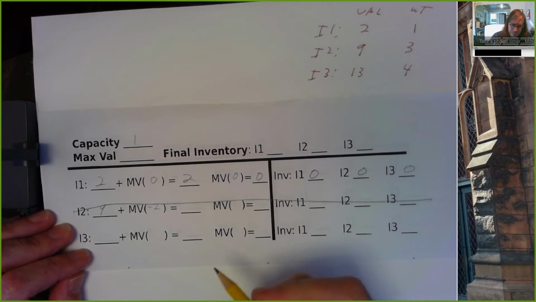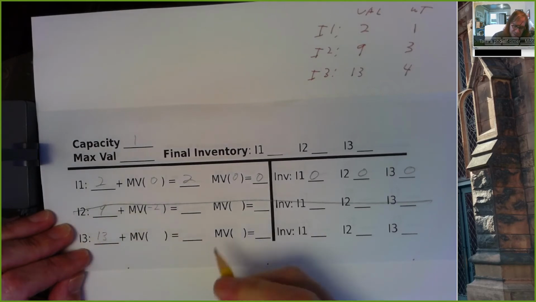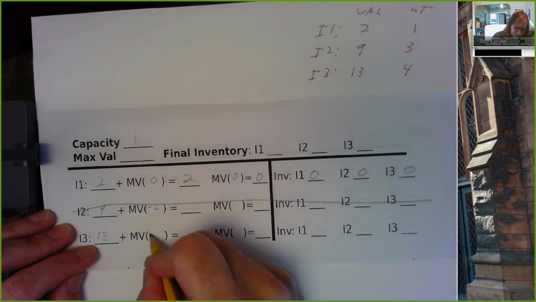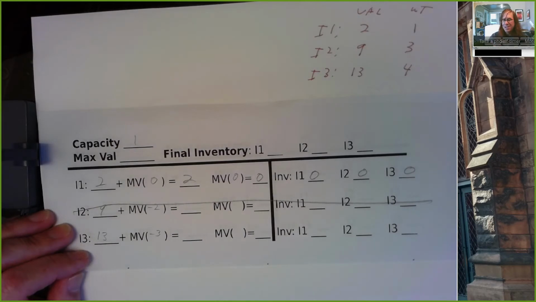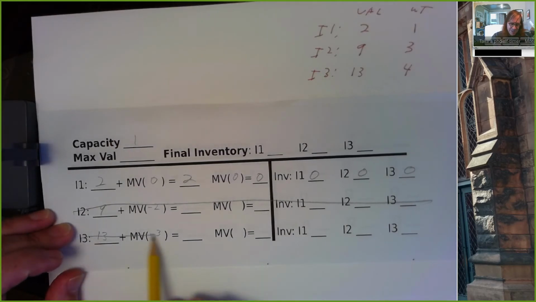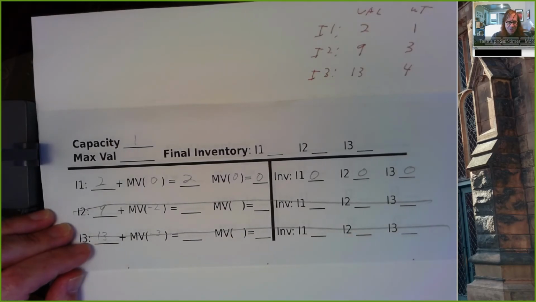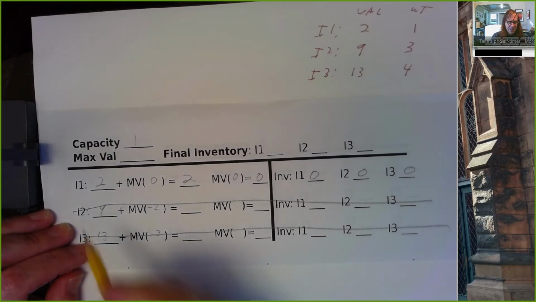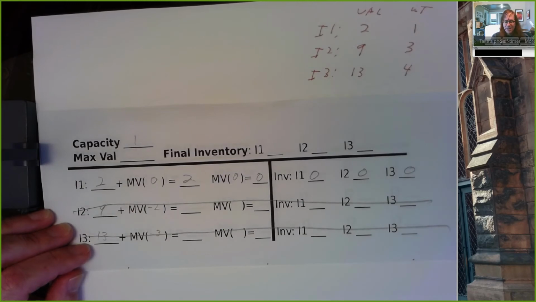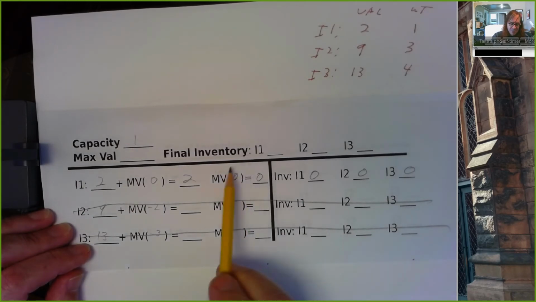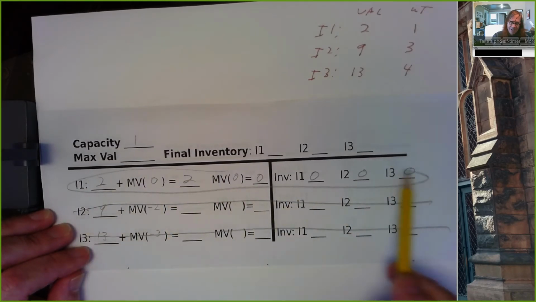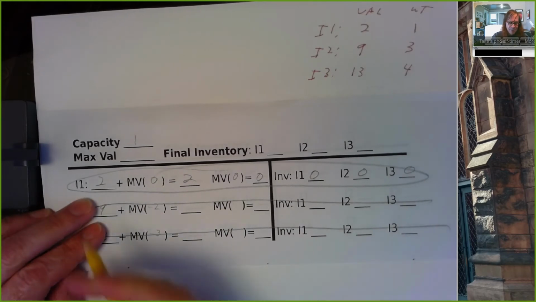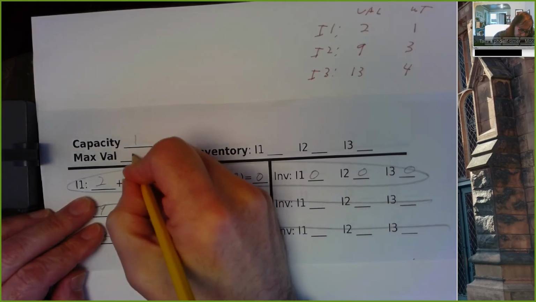And similarly, if we put in item 3, we would get 13 plus we take away 4 from our capacity, it will be max val of minus 3. That's not a valid calculation either, so we're not allowed to consider putting in item 3. So our whole calculation for max val 1 is simply finding what do we get by starting off with item 1 in our bag. So this is the formula that will give us our final answer for max val 1, which is going to be 2.